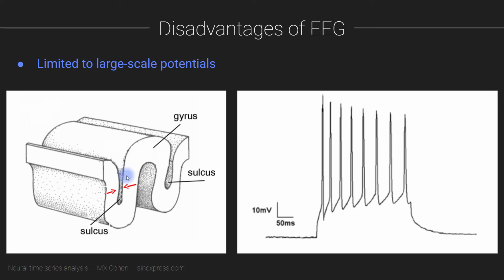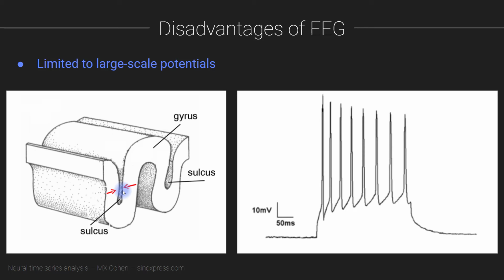Another related disadvantage of EEG is that because it is measuring these electrical fields, if you have two opposing electrical fields, so a dipole in the cortex here and a dipole on the other side of the sulcus here, if these two dipoles, these two circuits, are active at the same time, their electrical fields will actually cancel and you will not be able to measure a signal even though there is a large amount of activity in these two dipoles.